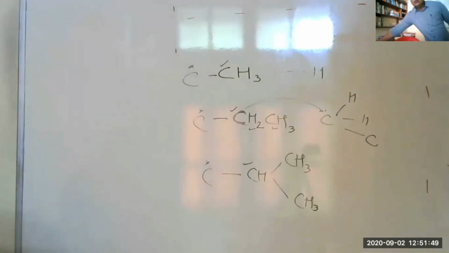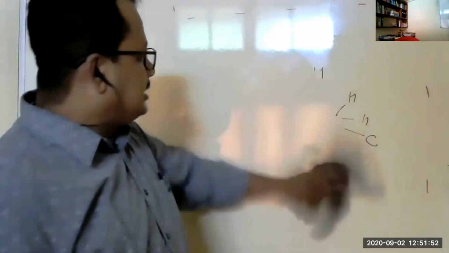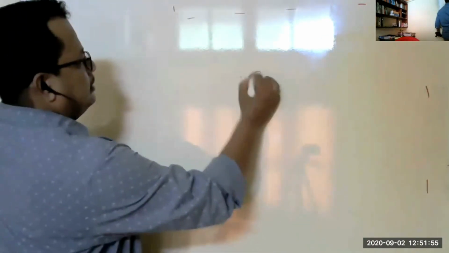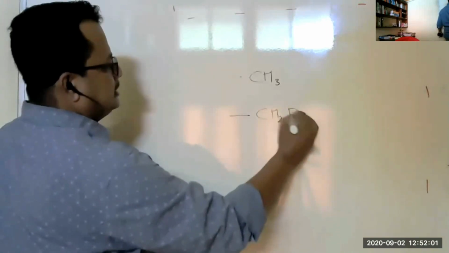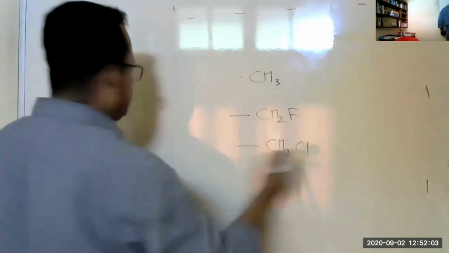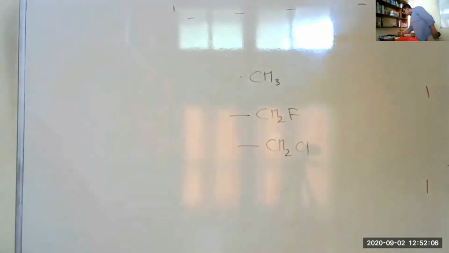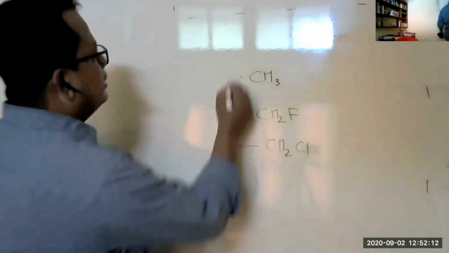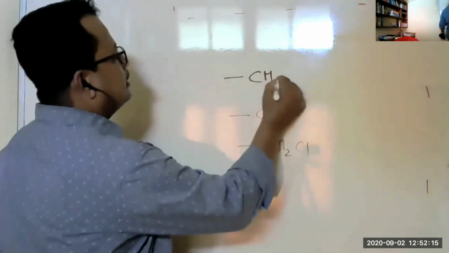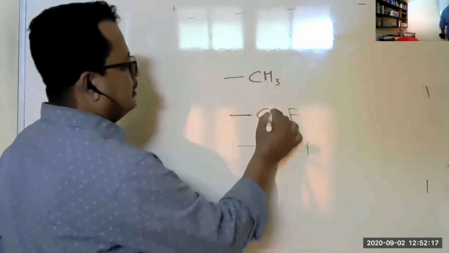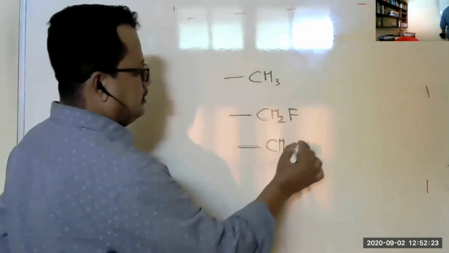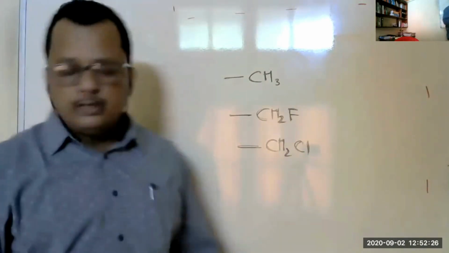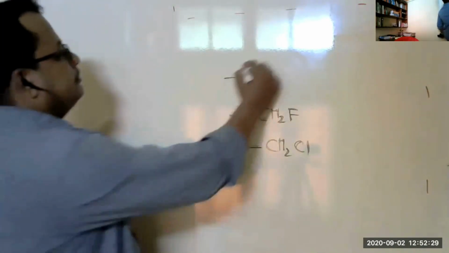So similarly, suppose you have CH3, CH2F, and CH2Cl. So here they are tied because all these groups are attached to the same carbon atom.